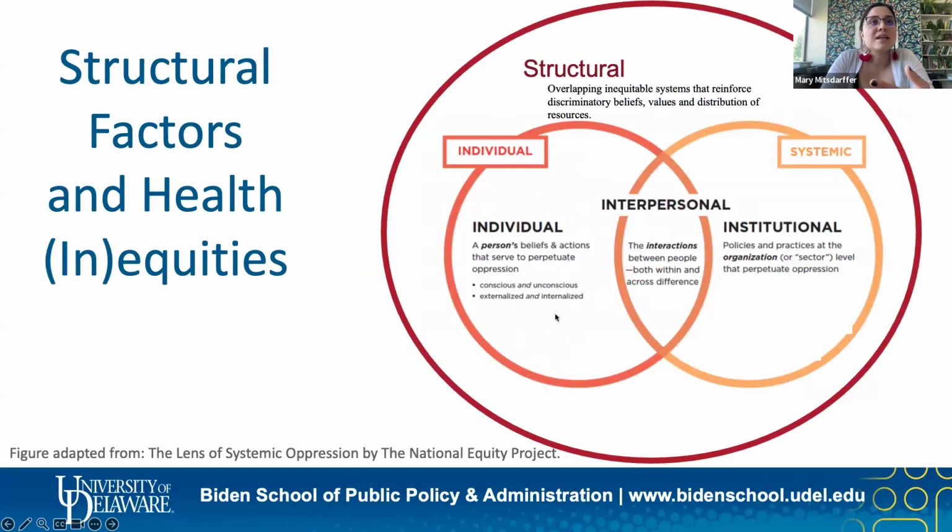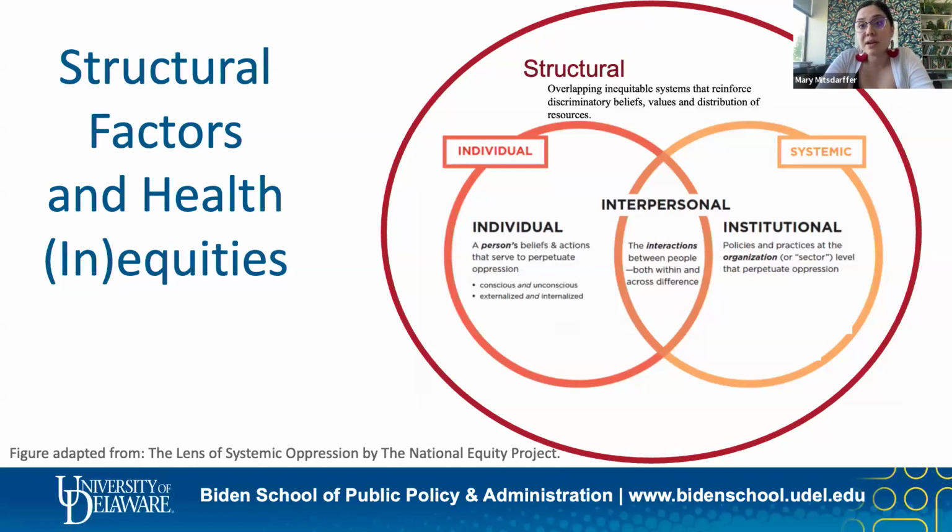So they're conscious and unconscious, they're internalized and externalized, meaning that we all hold our own biases and they apply to ourselves and how we see the world. Then we have interpersonal interactions, which are the interactions between the folks that you see in your day-to-day life. It's whether someone receives you with a smile, or maybe the first time you meet a stranger, you get the weird vibe from them, right?